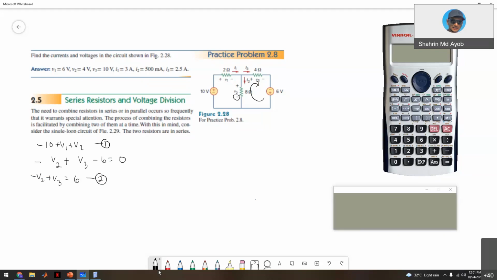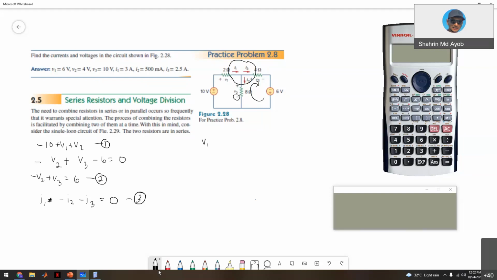Then I have the third equation, which comes from this node: I1 minus I2 minus I3 equals 0. So this is the third equation.